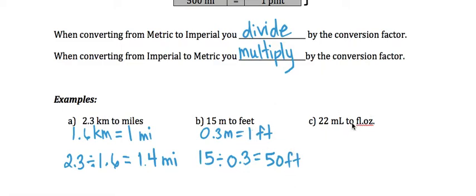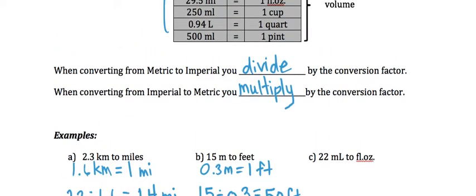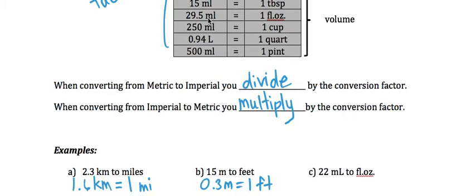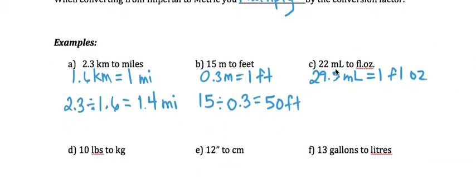The next one I want to look at goes from milliliters to fluid ounces. Up here I know that there are 29.5 milliliters in every fluid ounce. Again, because I'm going from metric to imperial, I'm going to divide.